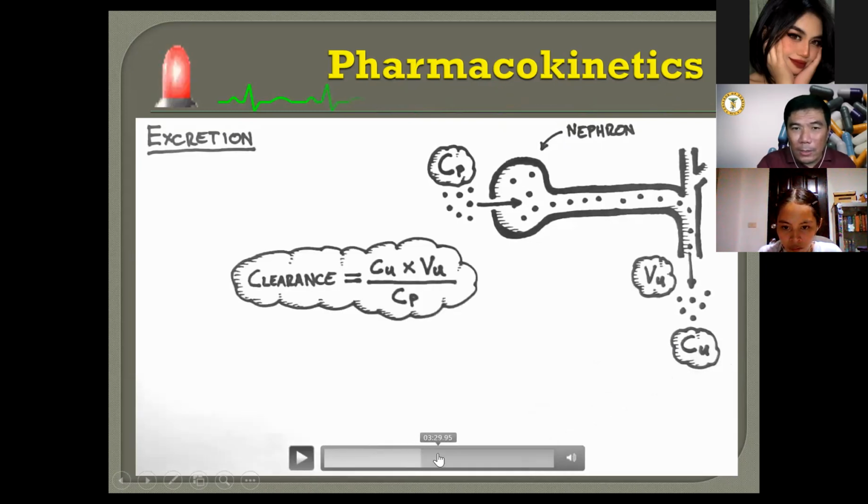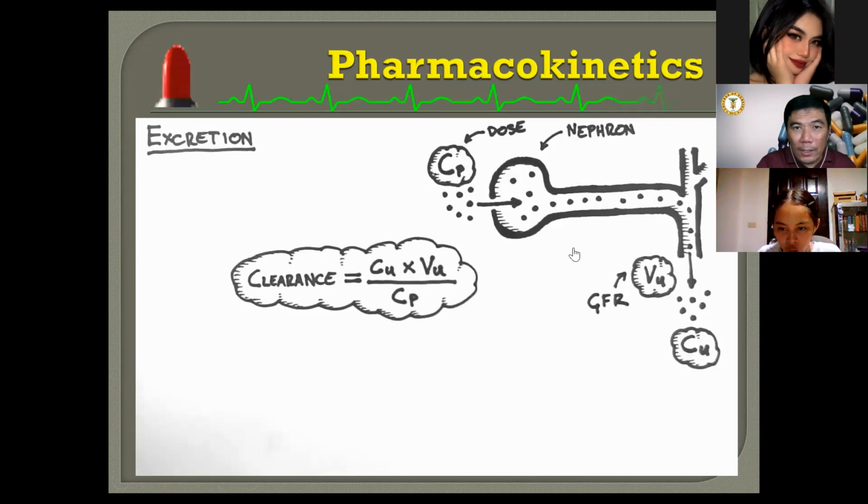So we will not concentrate on the formula anymore, and I would just like to emphasize what GFR means. GFR means glomerular filtration rate. What do you mean by glomerular filtration rate? It is the one that may facilitate diuresis.